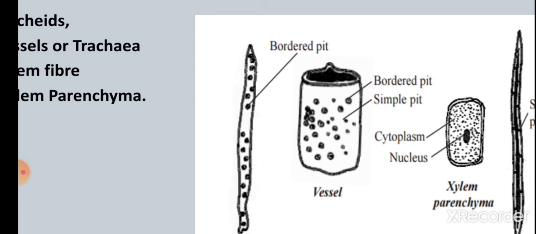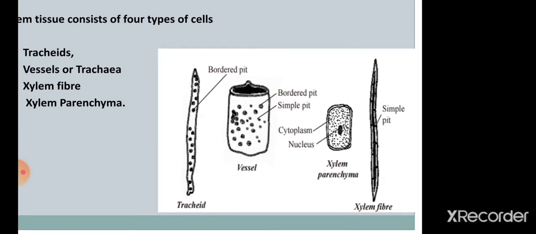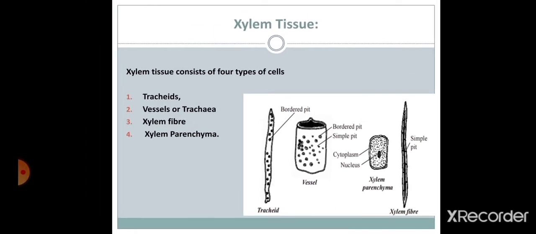In eucalyptus, vessels are about 6 meters in length. The mature vessels are devoid of protoplast, so they are dead. The lumen or cavity in the vessel is very large. They appear polygonal in dicots and round in monocots in cross section.